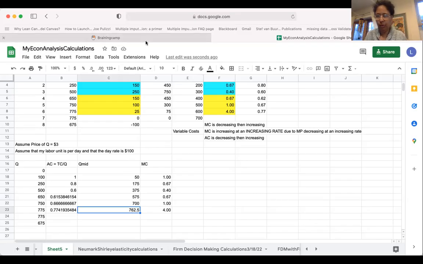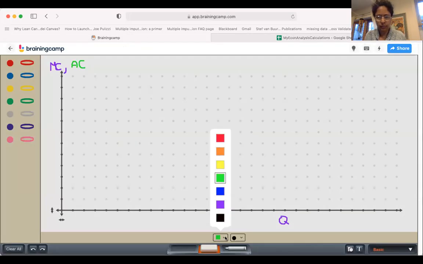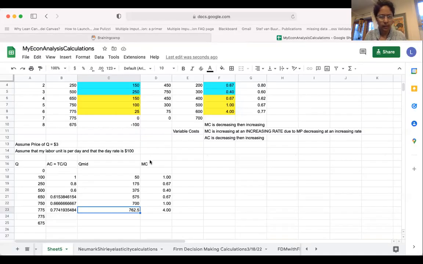If you have bigger graph paper. So the costs are below $4. Let me see what I'm going to do. I'm going to do my average cost first.